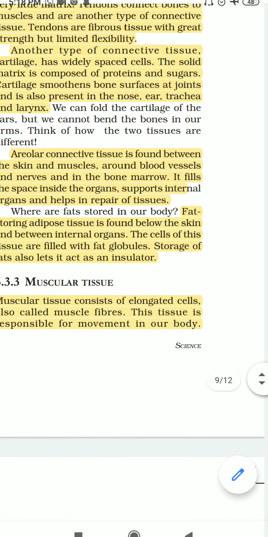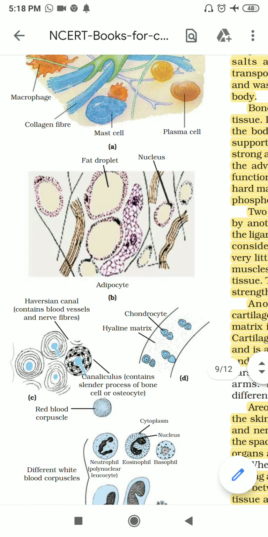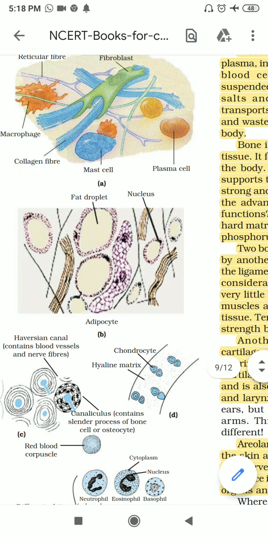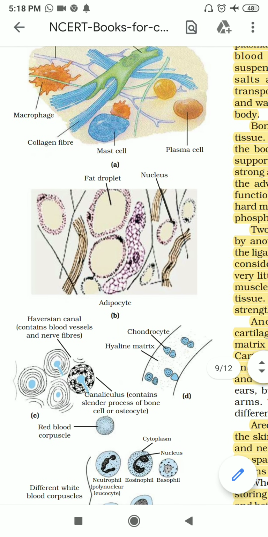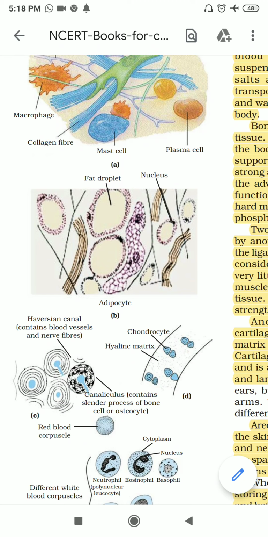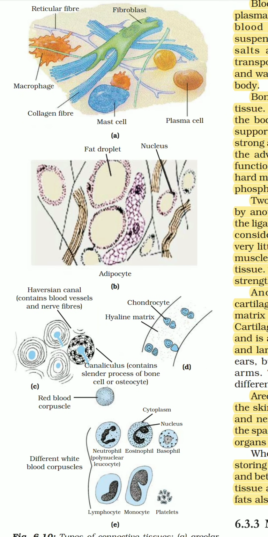As you can see in the diagram which is given in your book, these are the cells of adipose tissues, and these cells are also known as adipocytes. These cells are filled with fat droplets. So this is their main function, that they help in the storage of fat.